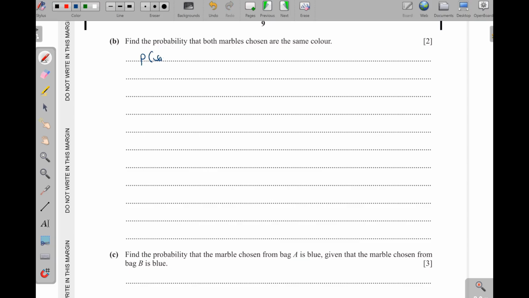So probability of same color, that means we can get only reds: red from A, red from B, or we can get blue from A and then blue from B. Then we can also get green from A, then green from B. So what are our probabilities?